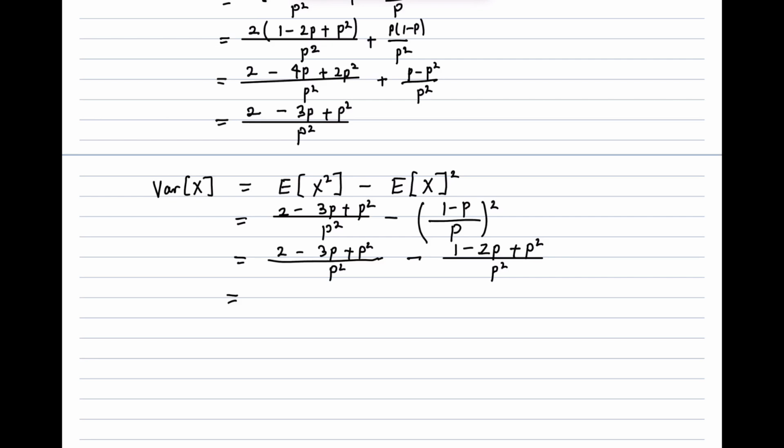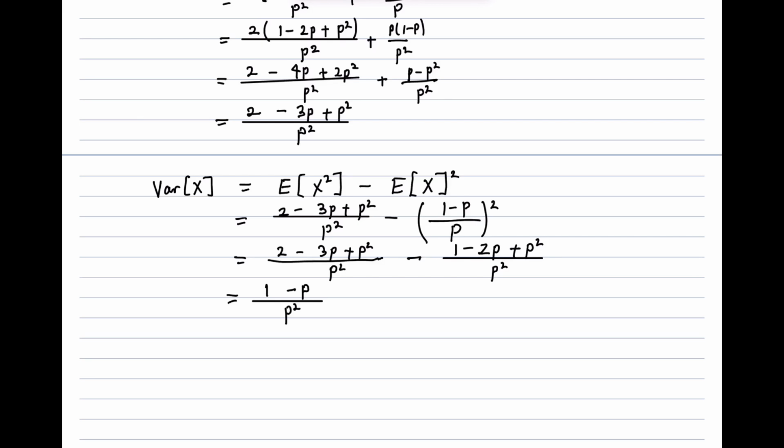We've got a 2 minus a 1 gives us a 1 at the top. A minus 3p minus 2p gives us minus p, and then we've got a plus p squared minus a p squared actually goes to 0, so that is our expression at the top, and there we have it.